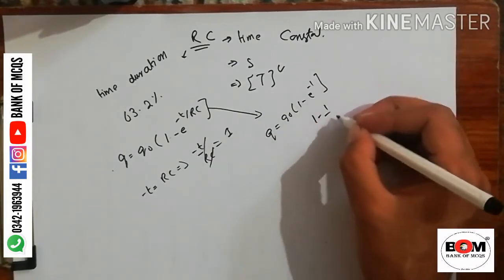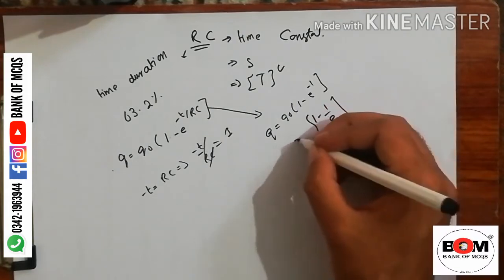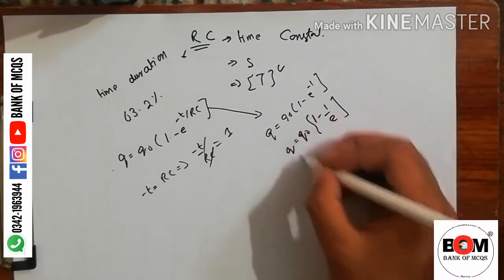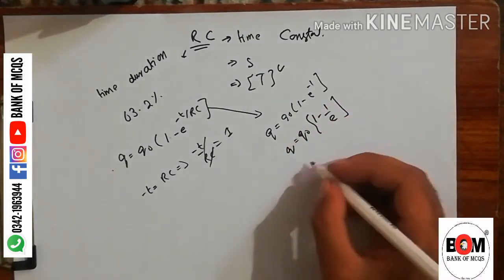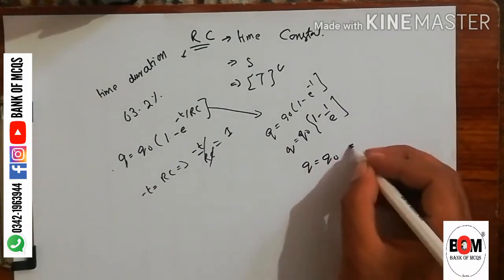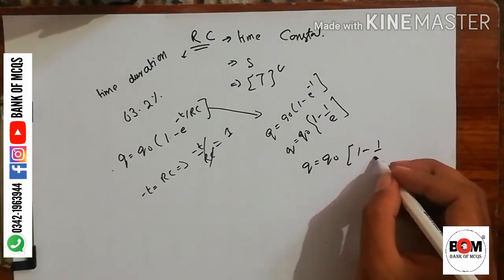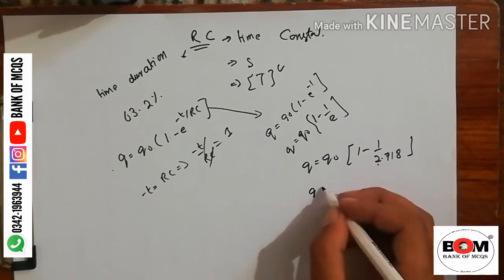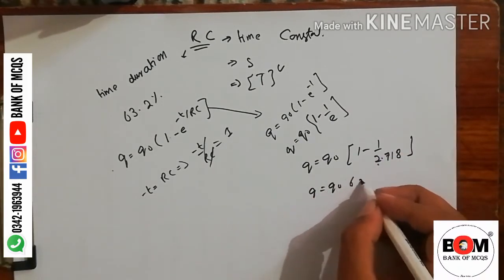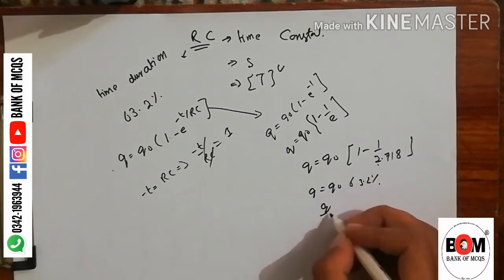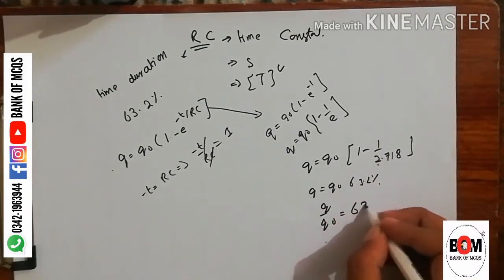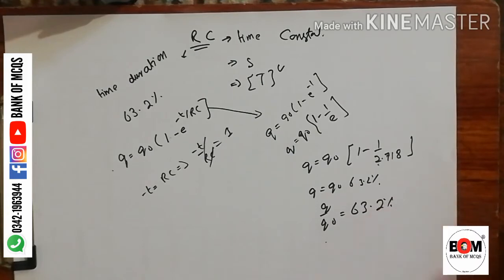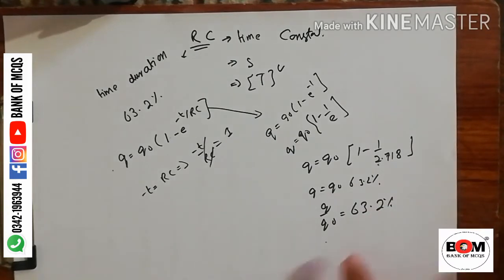This can also be written as Q is equal to Q naught into 1 minus 1 by e, or Q is equal to Q naught into 1 minus 1 divided by 2.718. Solving this, we get Q divided by Q naught is equal to 63.2%. So this was the relation for charging.